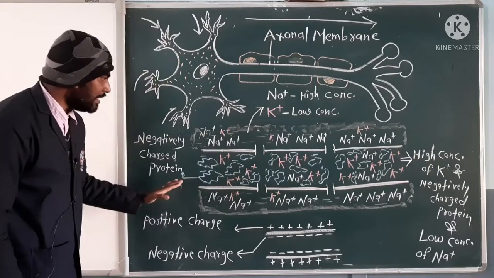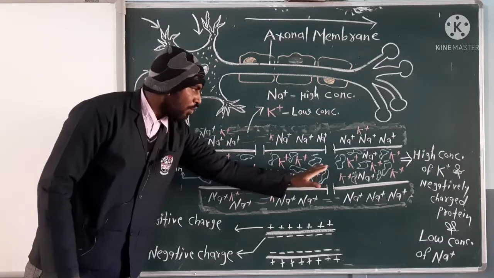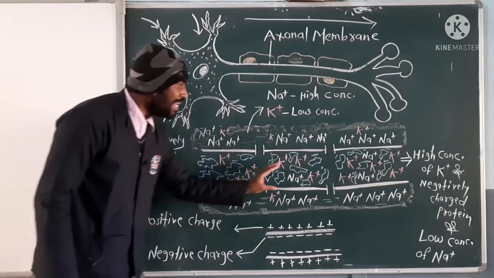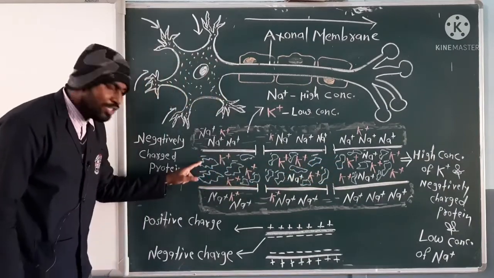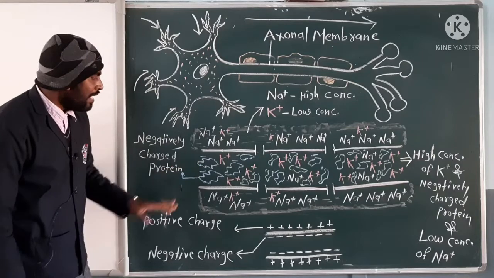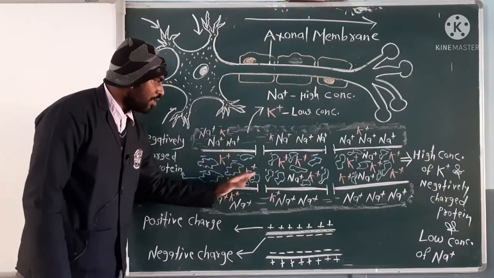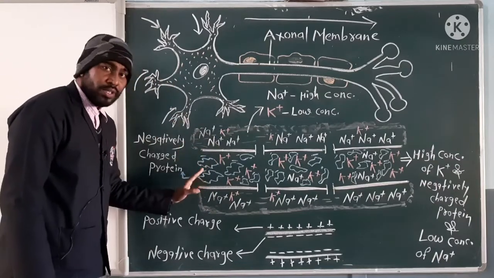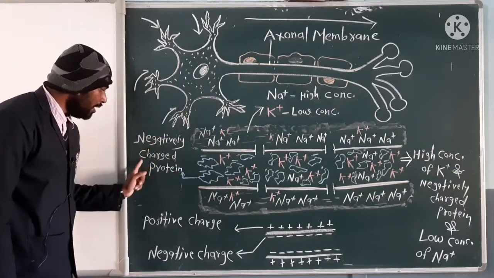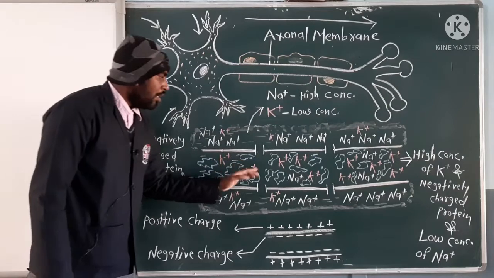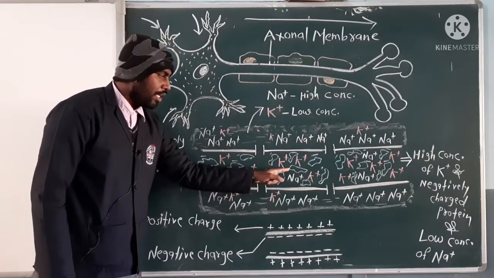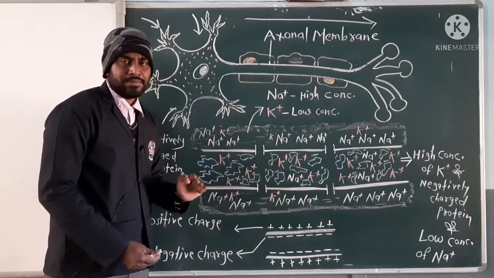You can easily see in the diagram I have drawn, these blue colored negatively charged proteins are in abundance inside the axon. Potassium ions are also in excess, but not in comparison to the negative proteins. Sodium ions are low in concentration inside the axon.